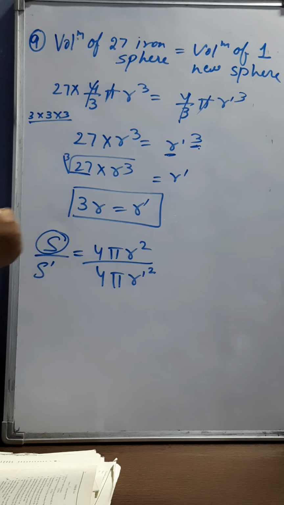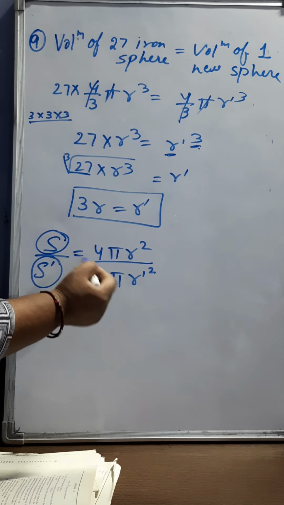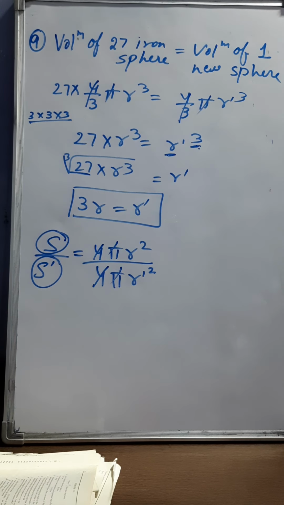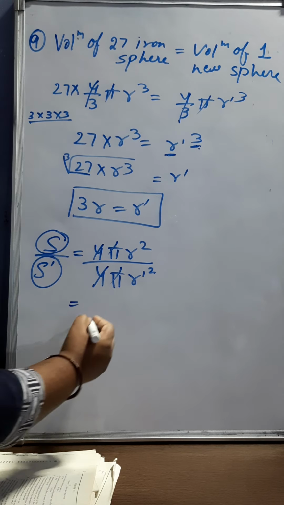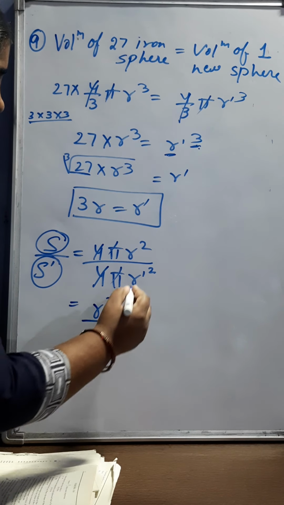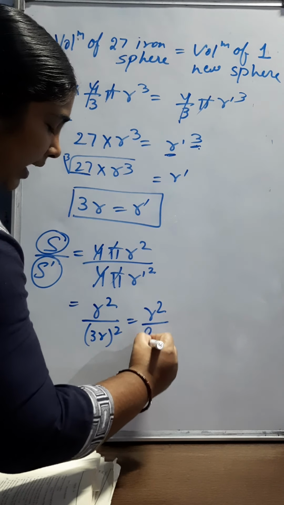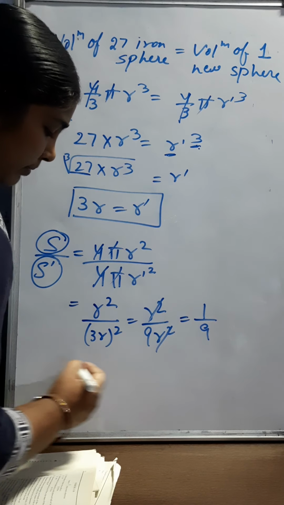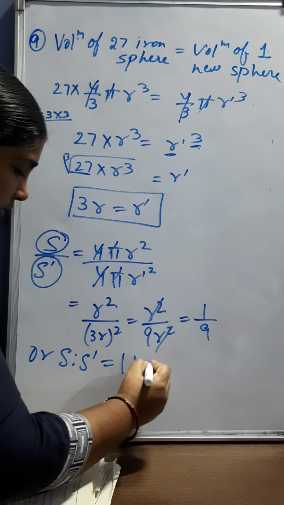S is the old surface area and S dash is new surface area. So here I wrote 4 pi r square divided by 4 pi r dash square. This 4 and pi will get cancelled, and in place of r dash we can put 3r whole square, which gives r square by 9r square. This r square will get cancelled, and we got 1 by 9, or S is to S dash is equal to 1 is to 9.